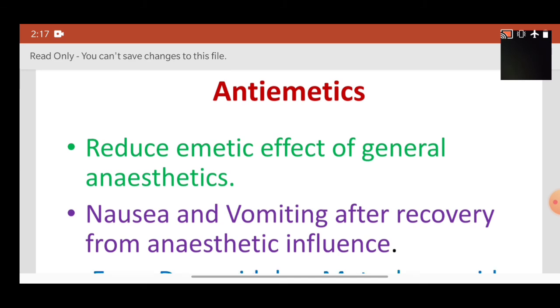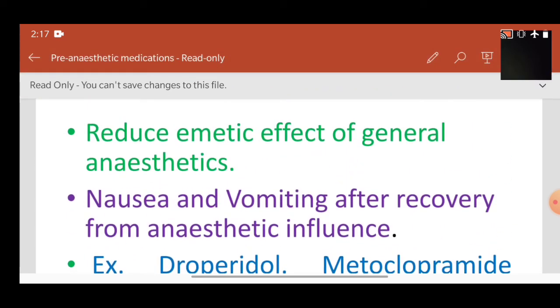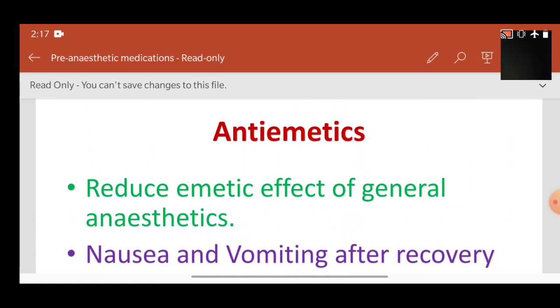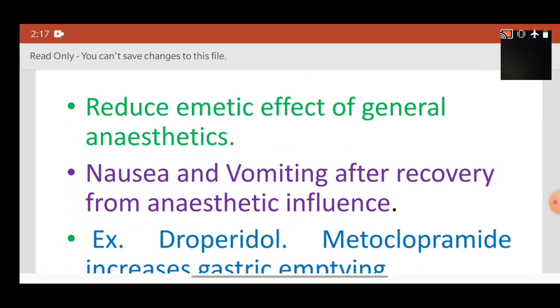And the next category is antiemetic. Antiemetics, as its name suggests, these drugs are used to prevent nausea and vomiting. Usually, patients suffer from nausea and vomiting after recovery from the general anesthetic influence. These nausea and vomiting will create problem in healing.